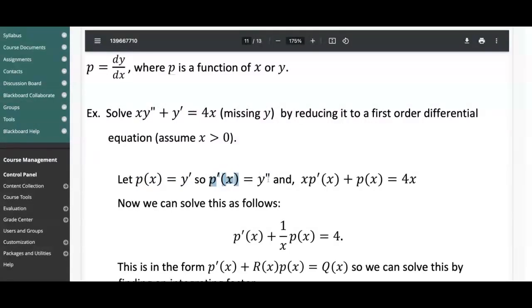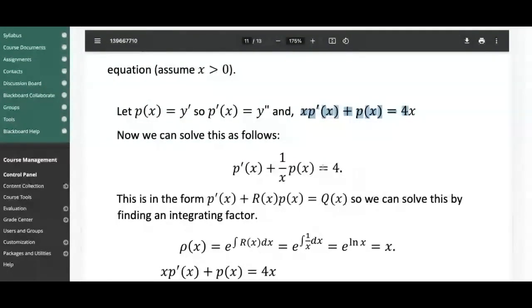So p prime is the second derivative of y. Then we can change this original equation into a new equation, a first order differential equation, right? So y double prime is just p prime, y prime is just p. So we just have to solve these first order differential equations.